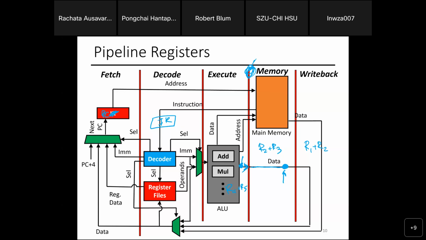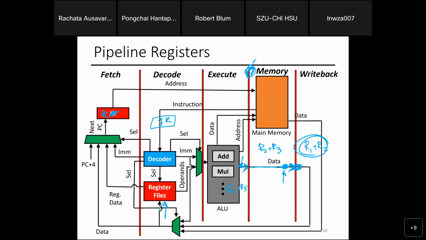Basically, when I clock, the instruction moves one step, right? In that case, R2 plus R3, which is now the input to this pipeline register, will not be inside the buffer yet. Inside the buffer, you're going to see R1 plus R2. So the wire that is now connecting all the way to the register file to update the actual output of your instruction will measure the correct instruction, which is doing R1 plus R2.